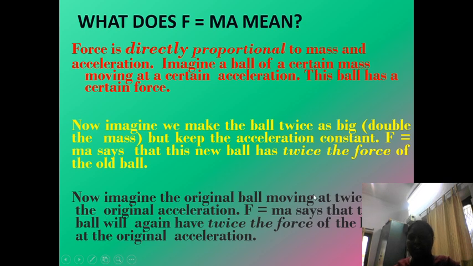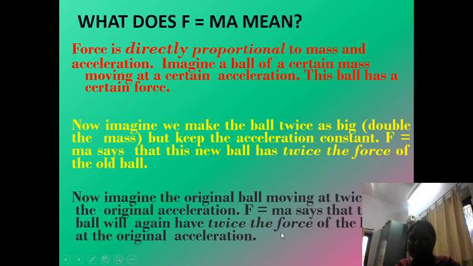Now imagine the original ball moving at twice the original acceleration. Let us suppose in the third instance, we increase the acceleration from a to 2a. Then F = ma says that the ball will again have twice the force. Because the acceleration has doubled, the force will also be doubled.